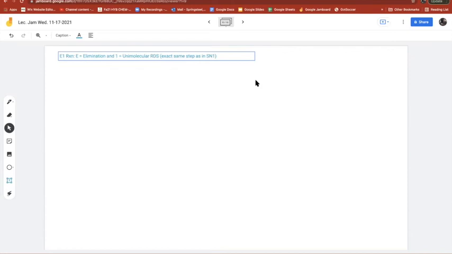Okay, so let's look at an example. I'll just do a really simple one first. No, I'll make it a little bit more complicated. Let's go this way. I'll wedge this out. I've got an iodine.